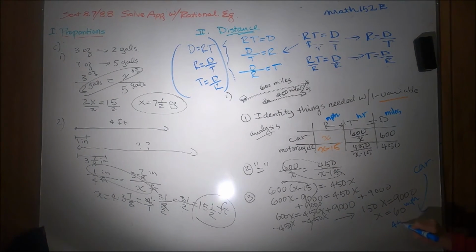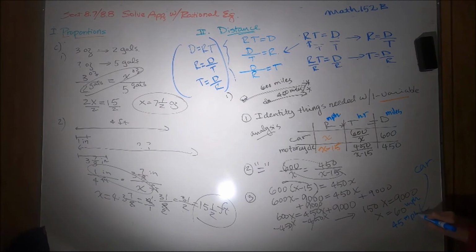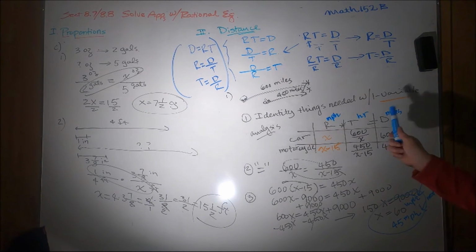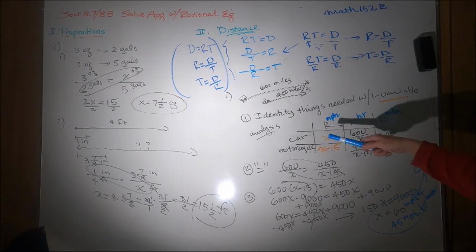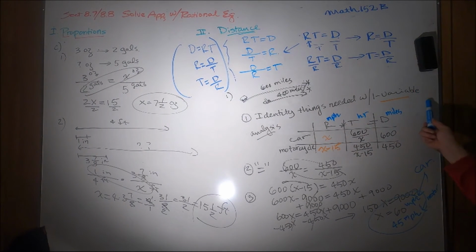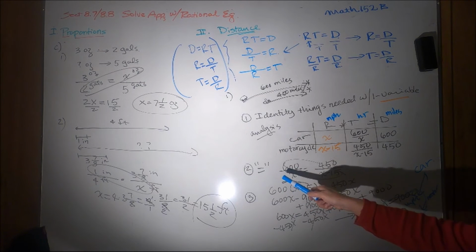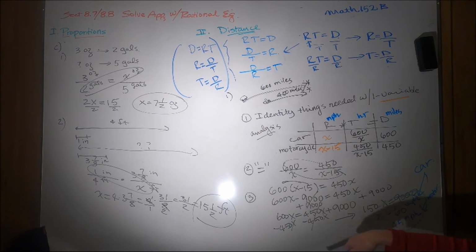So that would be 45 miles per hour for the motorcycle. Right? That's how you solve the problems. For the third problems, you can just say identify things first, write the equation, then solve the equation.